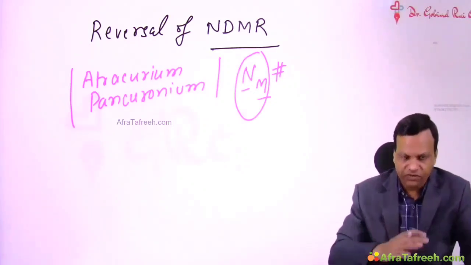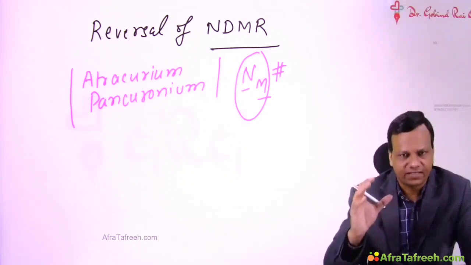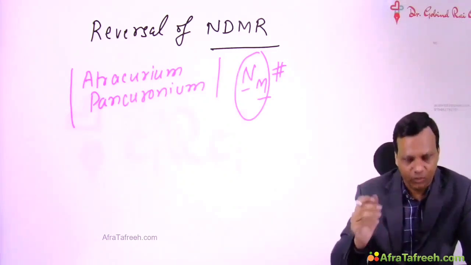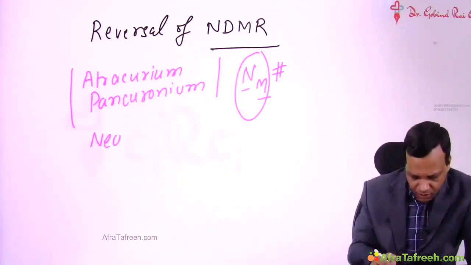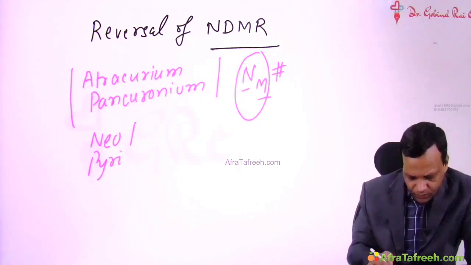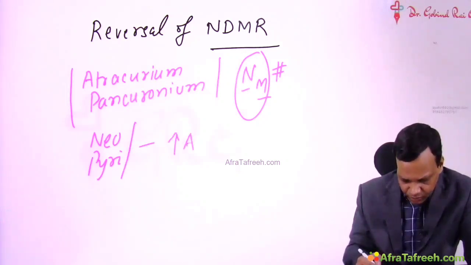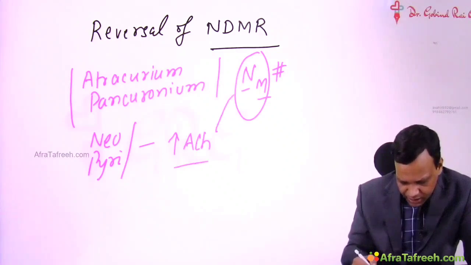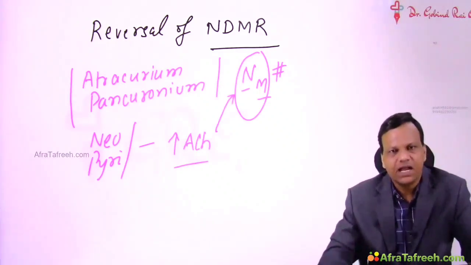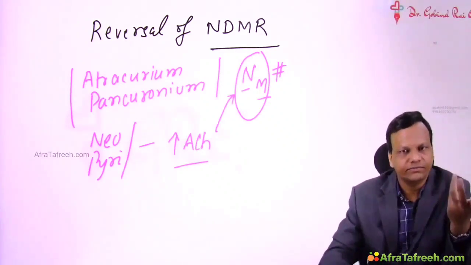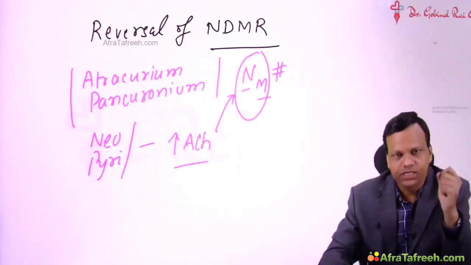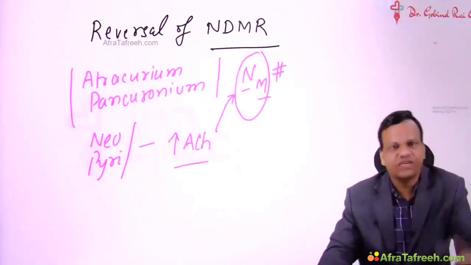Acetylcholine. So for reversing the action of muscle relaxants, we need to increase acetylcholine. So we can use neostigmine or pyridostigmine. They inhibit acetylcholine esterase, that will increase acetylcholine, and when acetylcholine increases, it stimulates NM receptors and the muscles start working. Clear?